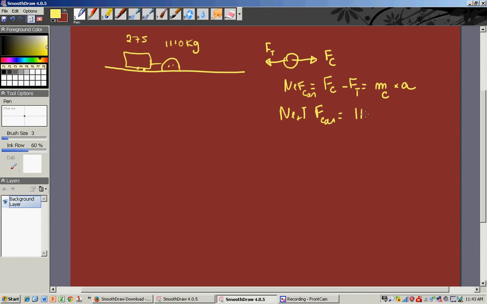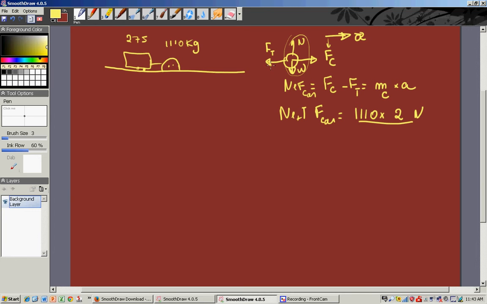So the net force on the car is equal to 1,110 times acceleration 2 newtons. Okay. Remember, we do have weight, we do have normal, but they cancel out, right? So the net, there is an acceleration, don't forget.